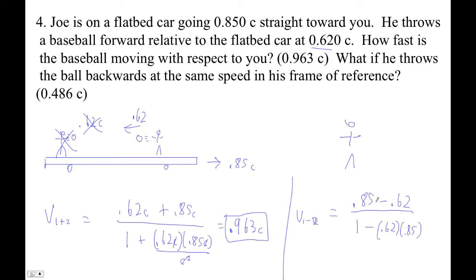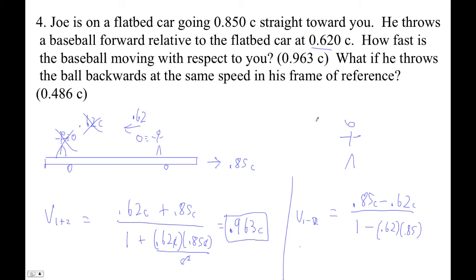Notice I'm not writing the C's. You need them in the numerator and the denominator, and they're going to just cancel out. So (0.85 minus 0.62) divided by (1 minus 0.62 times 0.85), and that's 0.486.